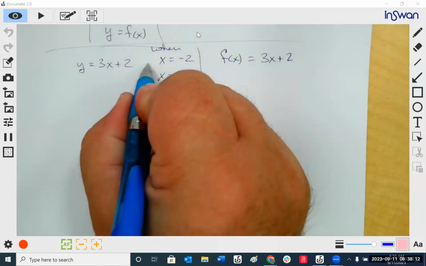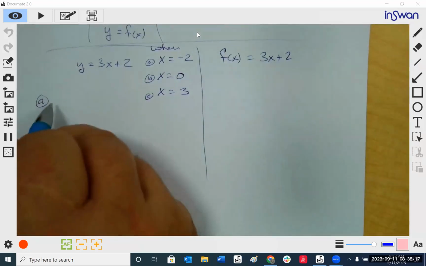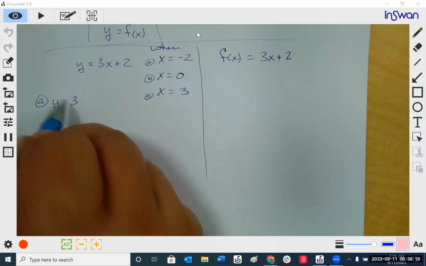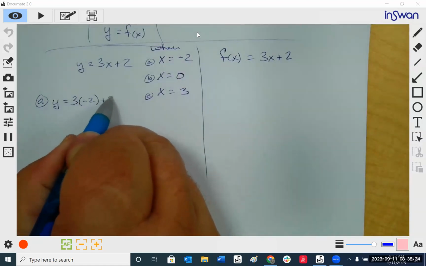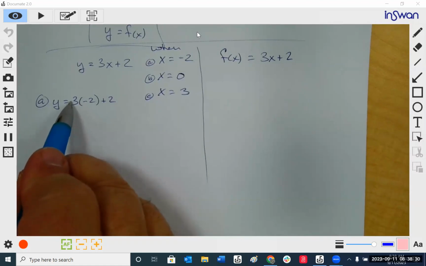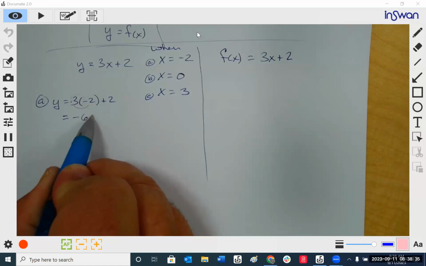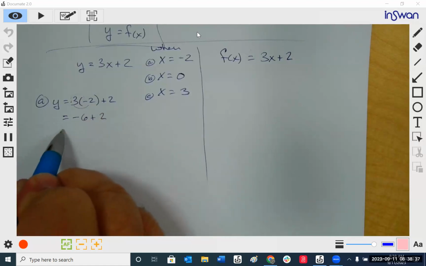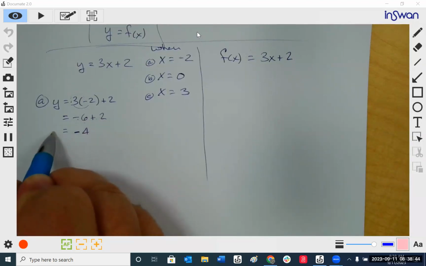So what you'd have to do is A, B, C. A would be y equals 3 times x, where x equals -2, and we solve it. Positive times negative is negative. 3 times 2 is 6 plus 2. Opposite signs, 6 is larger, so it's negative. 6 minus 2 is 4.